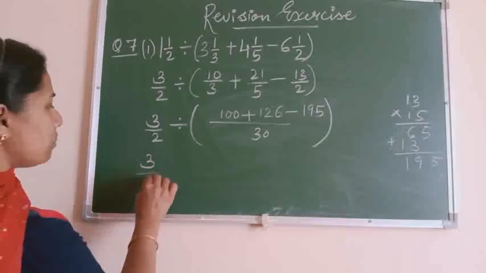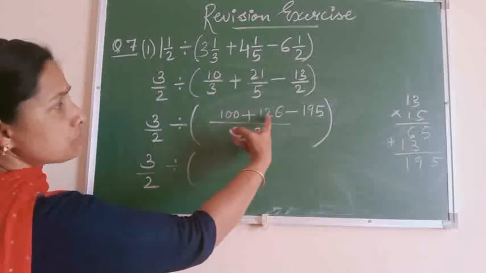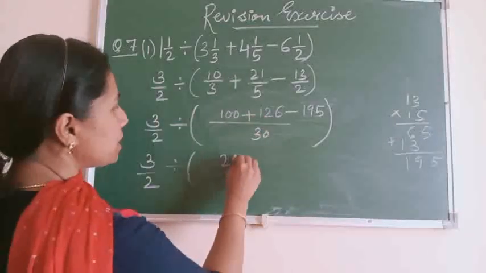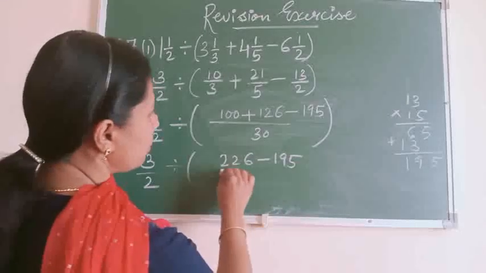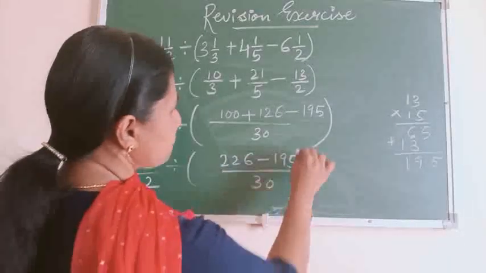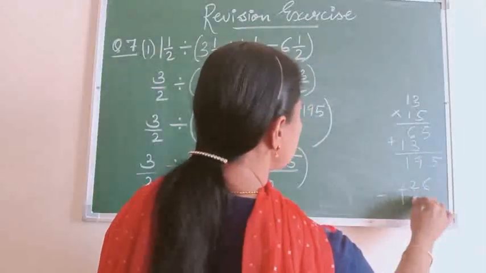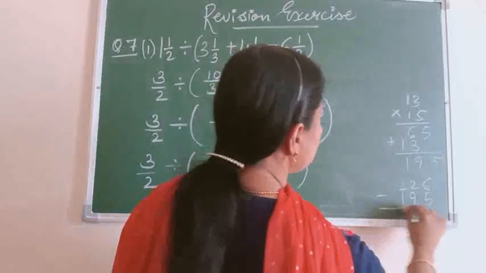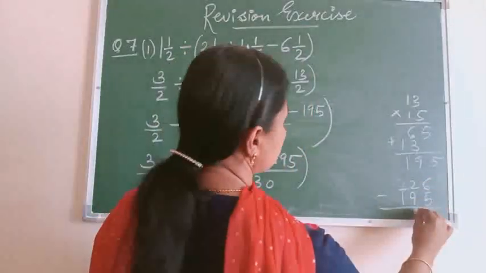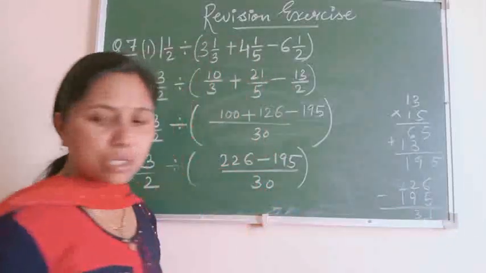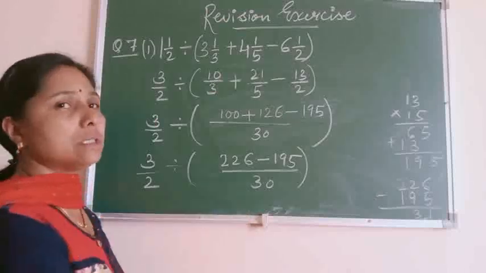It is 3/2 divided by, here 100 plus 126 will become 226, minus 195, upon 30. Now see in the column, 226 minus 195. 6 minus 1, 5, and 12 minus 9, 3. So after subtracting you are getting 31/30.